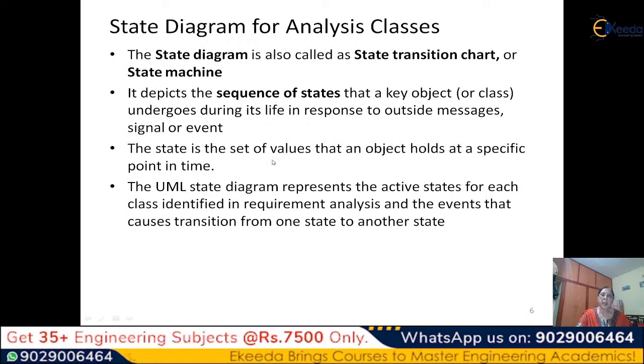The state is the set of values that an object holds at a specific point in time. As you know, the object will have different properties, so that is what it means. In UML, the state diagram represents the active states for each class identified in requirement analysis and the events that cause transition.